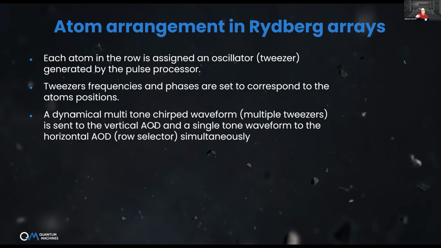Now, because you have this dynamic port allocation, you can actually decide on the fly if you want to arrange rows or columns. You can look at the data on the unordered array and write some code that is running in real time in QUA on the pulse processor that decides whether it will be faster to arrange rows or columns, and you can switch between them on the fly. That's not a problem.